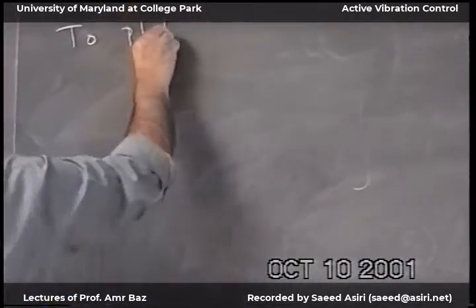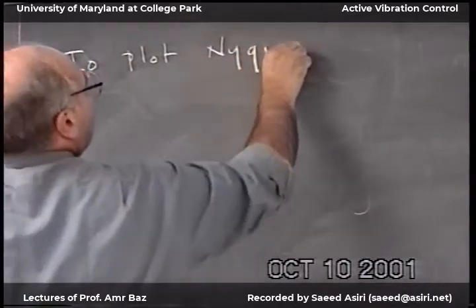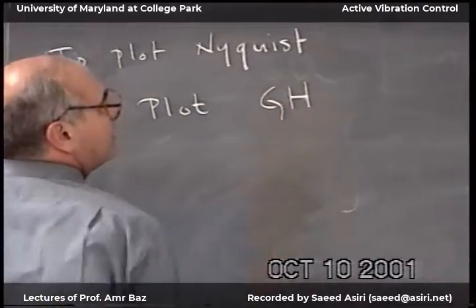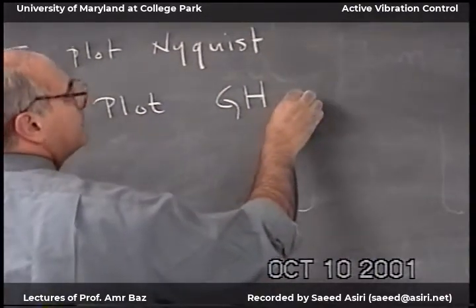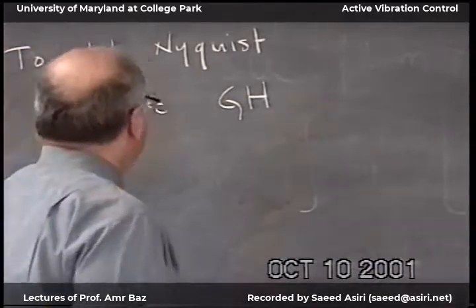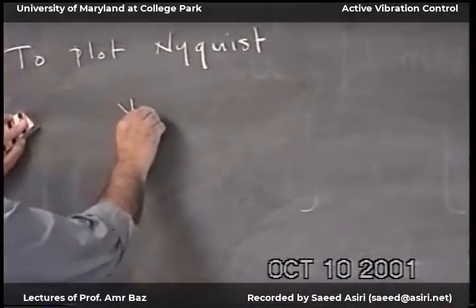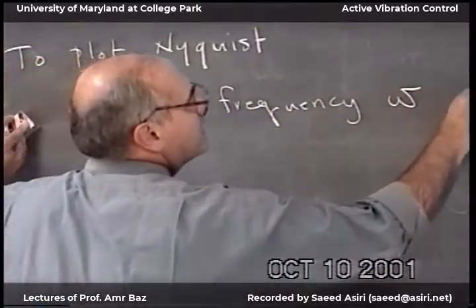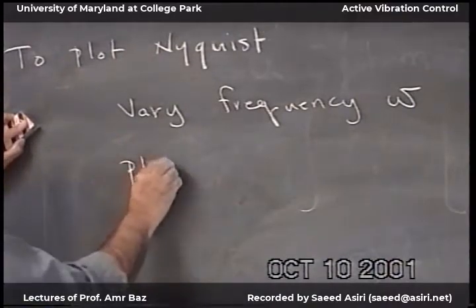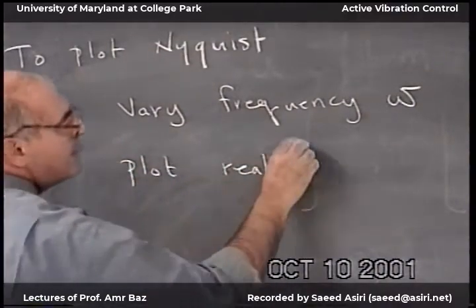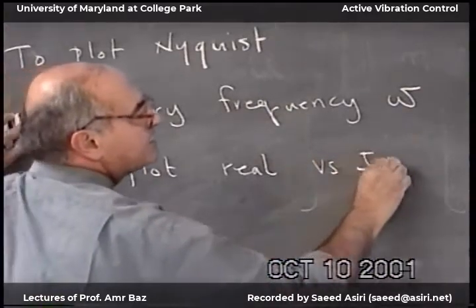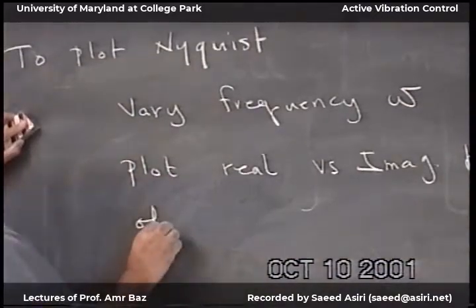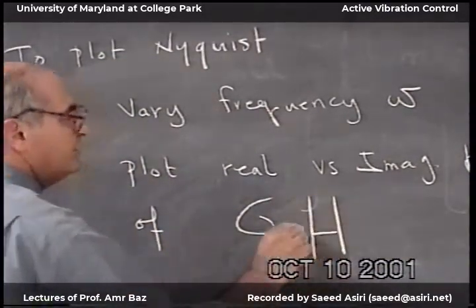To plot the Nyquist plot of GH, let's say here I vary the frequency omega and plot the real versus the imaginary parts of G and H.